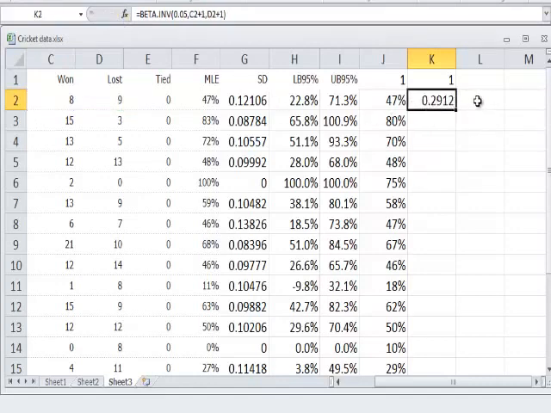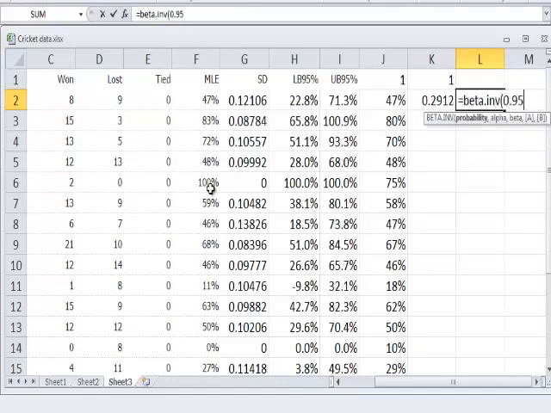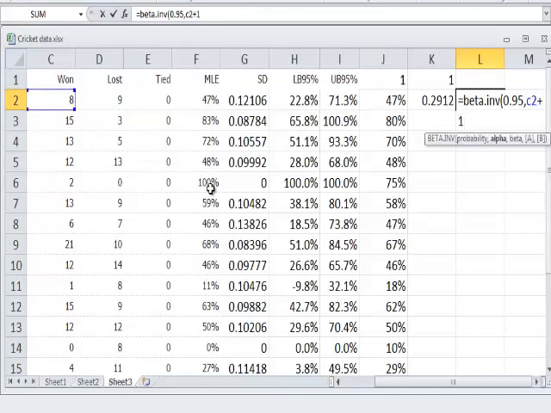29%. And now I want the same thing equals beta.inv of 0.95, comma, now I have C2 plus 1, comma, D2 plus 1, parentheses.